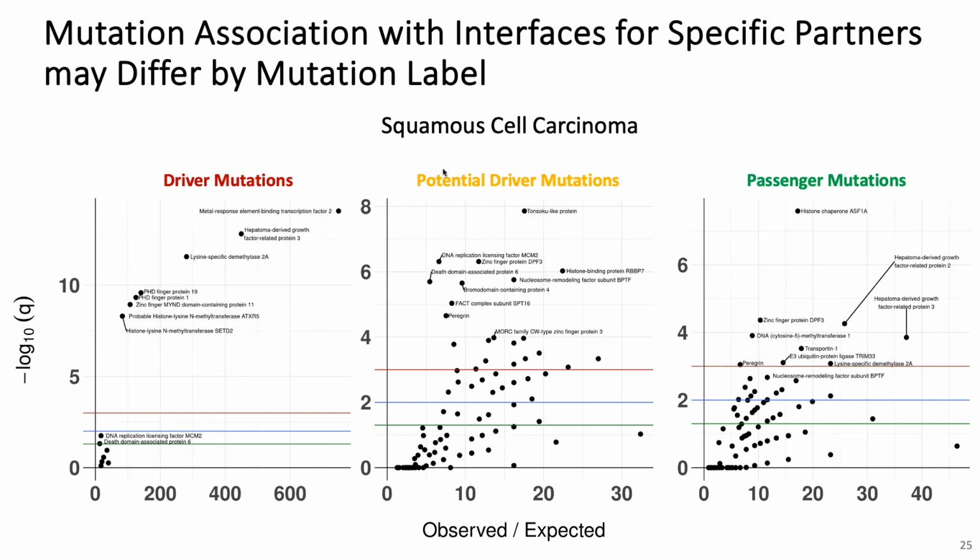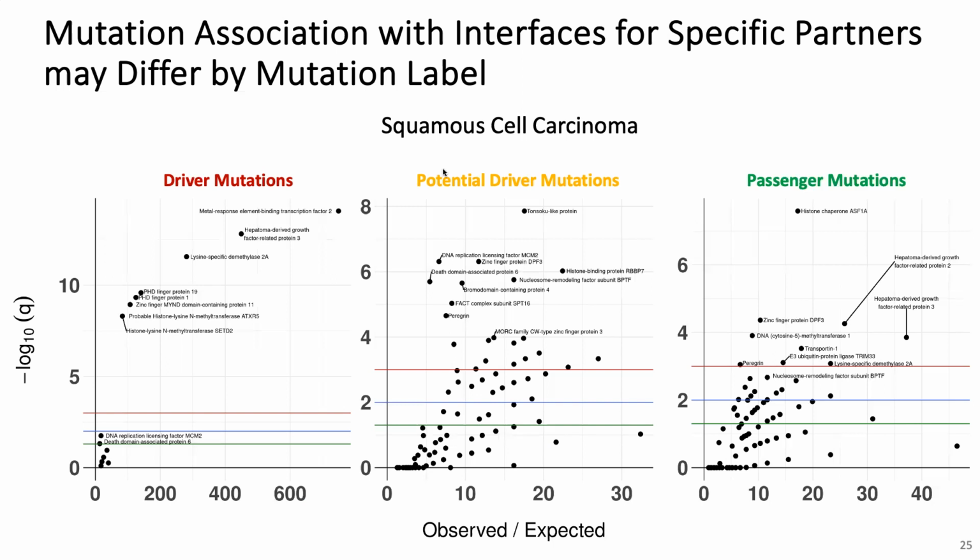So we're still trying to look at a few of the results here to see if there are any differences between the partners that driver mutations, potential driver mutations, and passenger mutations tend to target. But one interesting thing that we have found is that in comparison to potential driver mutations and passenger mutations, the fold change of driver mutations at interfaces for specific proteins is quite large.